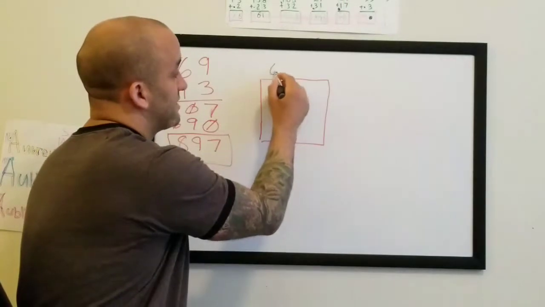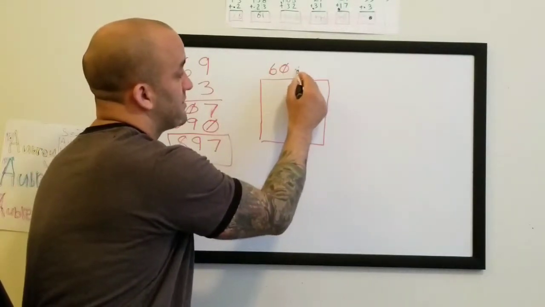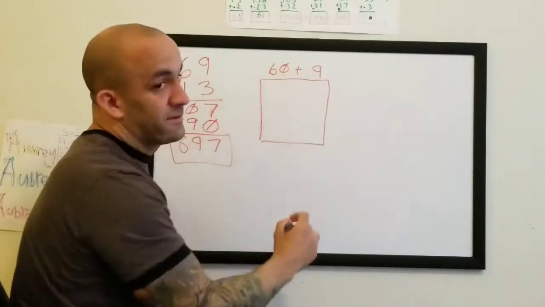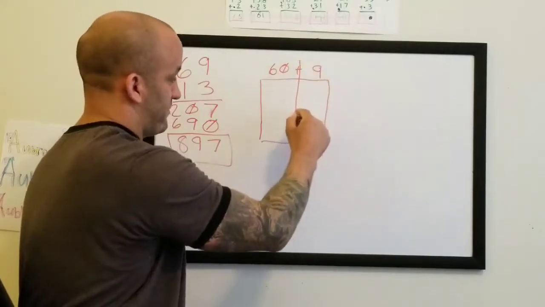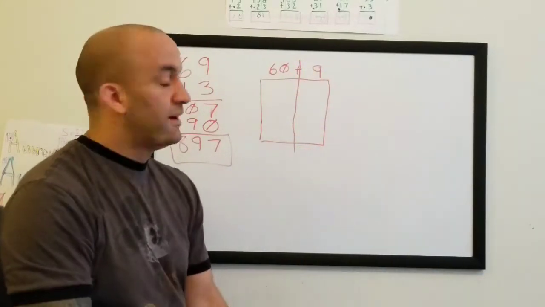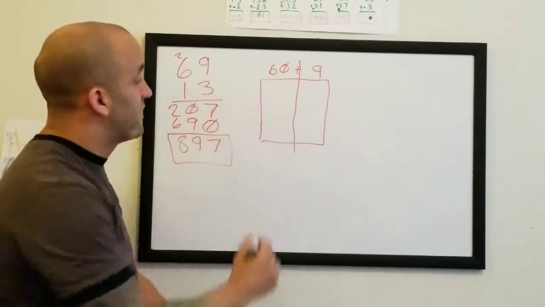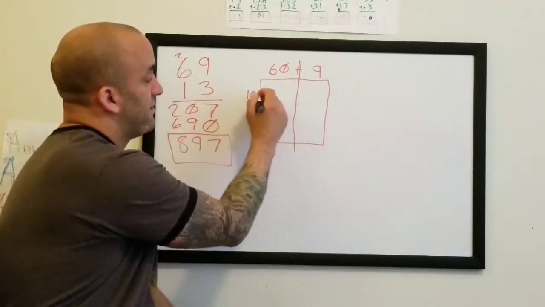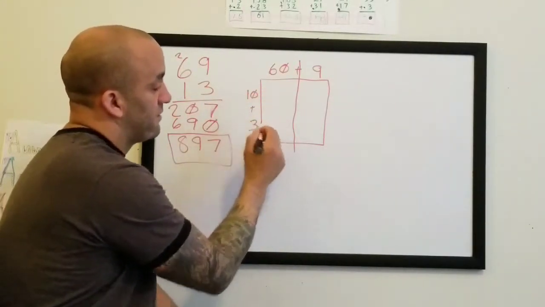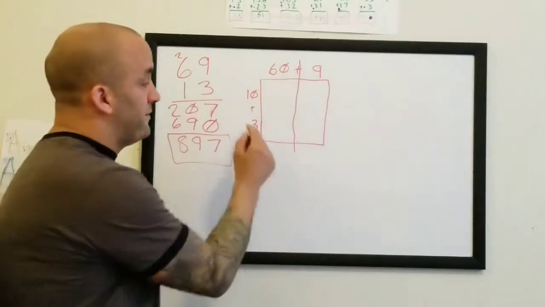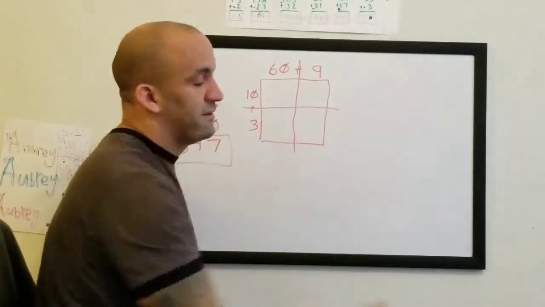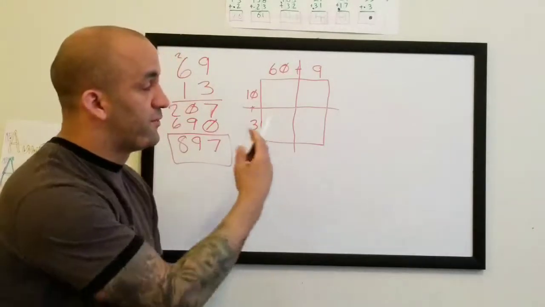Then they split that box in half, right at that plus sign. They do the same thing with the 13: 13 is nothing more than 10 plus 3, and they split the box in half there. So we're left with 4 parts.